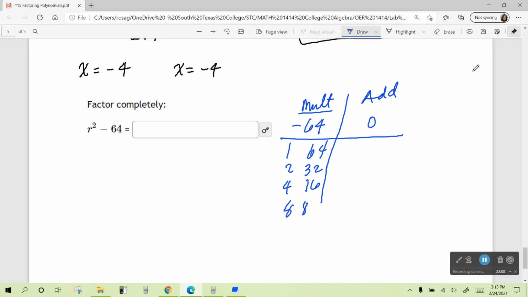Now, because I want this one to be negative and just 0, one of them has to be negative. And then you see that it's going to be the 8 and 8.